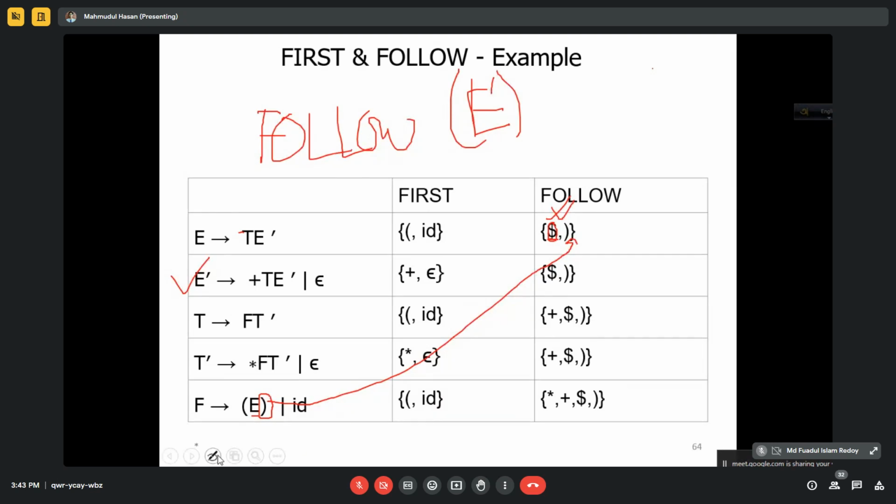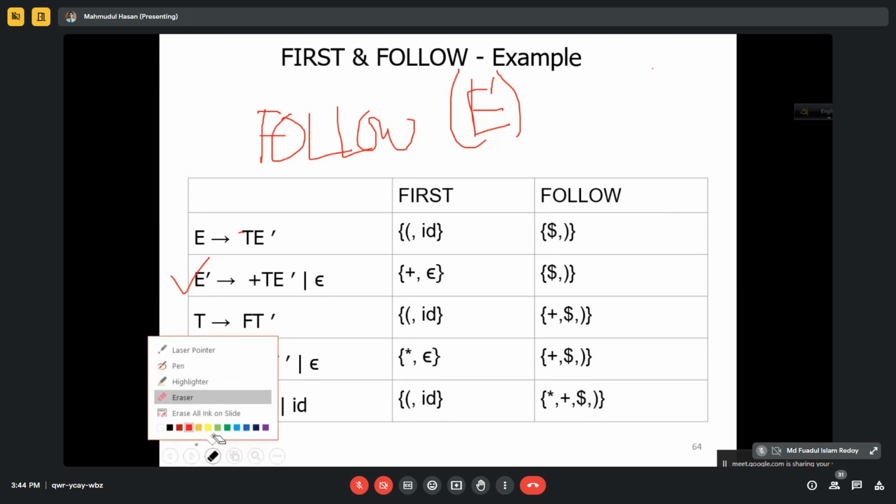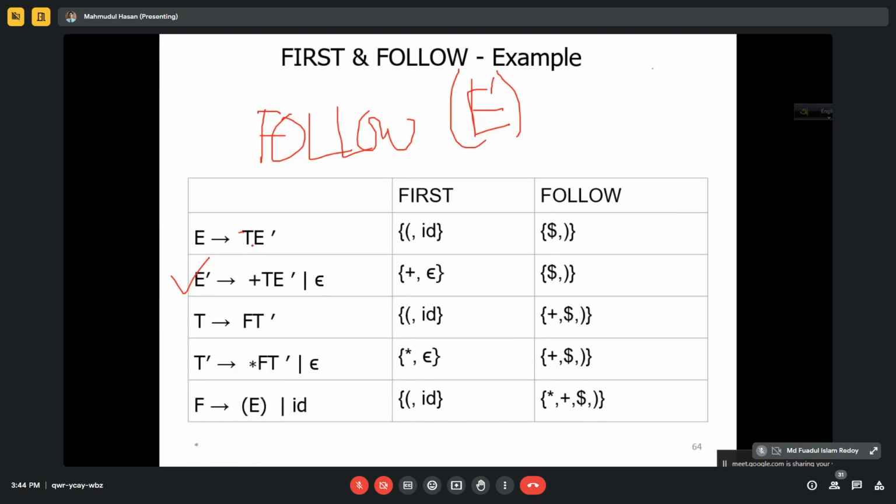And how many E dash in the right hand side? Two. And the position? First and second one. Okay, this one and this one, is it?